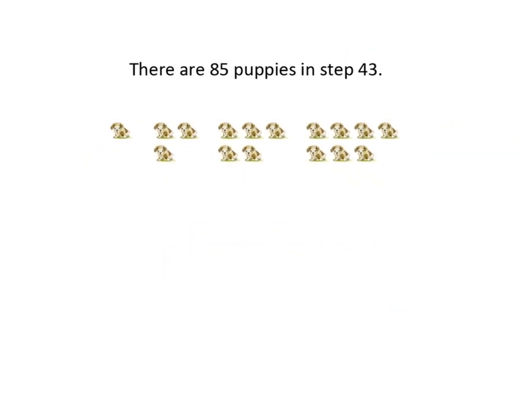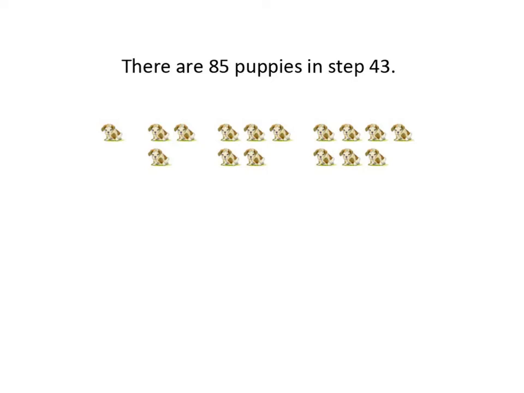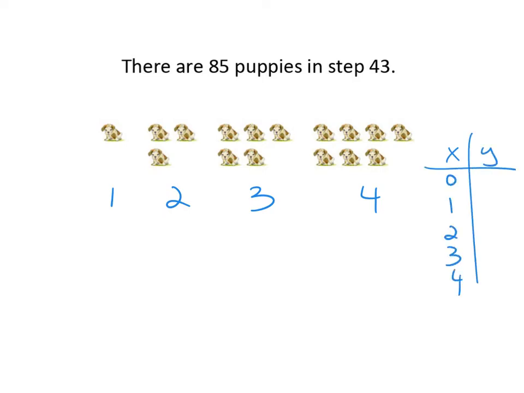All right, puppies. All right, so stage 1, 2, 3, 4. All right, so stage 1 has 1, stage 2 has 3, stage 3 has 5, stage 4 has 7.